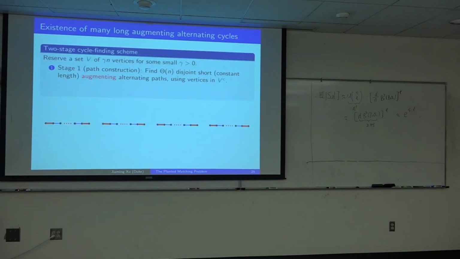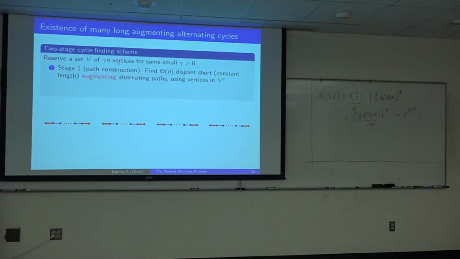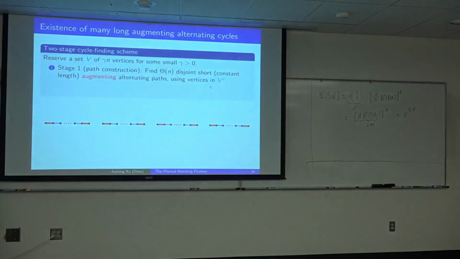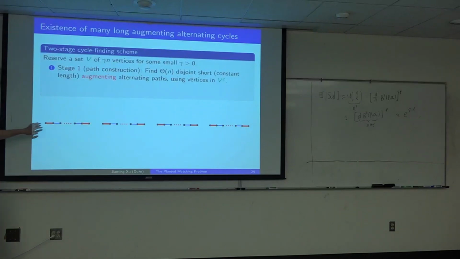So let me show you some visualization, at least at a high level. How does this two-step cycle finding scheme work? The first thing is that we need to reserve a small fraction of the vertices. Those vertices will be used for sprinkling in the second stage. And now in stage 1, I'm going to use all the non-reserved vertices, like in V complement, and try to find many short disjoint augmenting alternating paths.